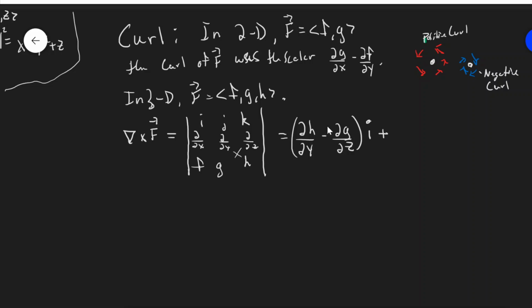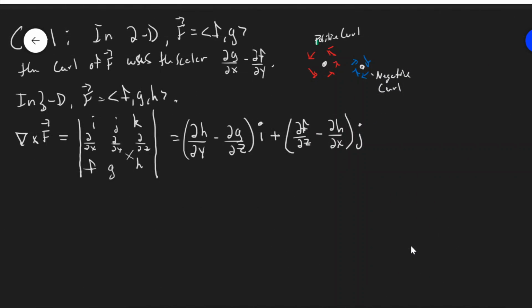Moving on to the J direction. J, remember J gets an extra negative, and so instead of going partial with respect to X of H minus partial with respect to Z of F, I'll go the other way with it. Partial with respect to Z of F, so partial F, partial Z, minus partial H, partial X in the J direction.